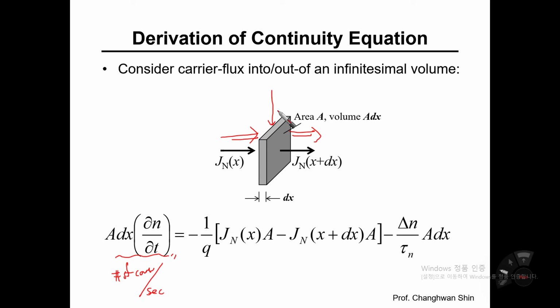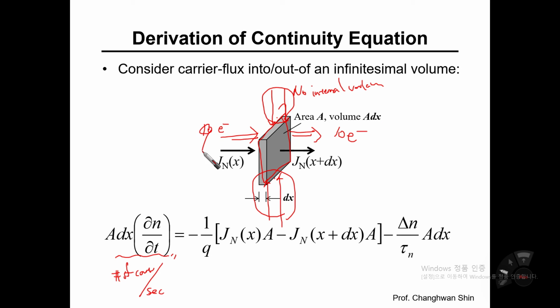But if some other events happen in this volume, then we should take those new events into account. So if 10 electrons are input and 10 electrons are output, then no internal variation happened. That's very simple. But say 9 electrons have been input and 12 electrons have been output. Then what happened within this volume?